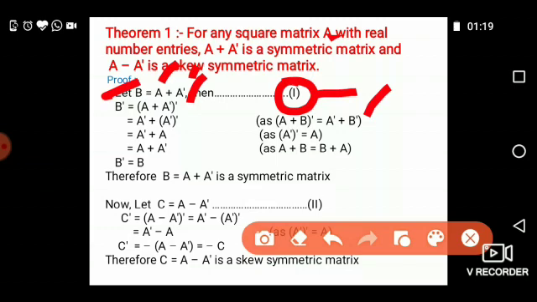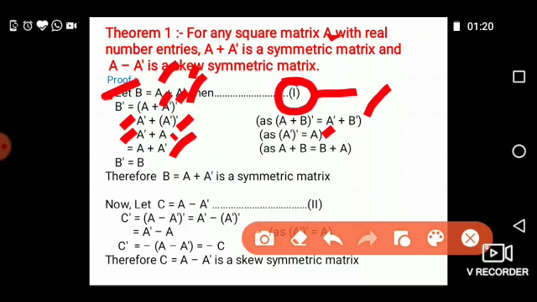By using these properties, we can write A dash plus A dash of dash, that gives A dash plus A dash dash. As we know that A dash of dash is always equal to A, this is equal to A dash plus A, or A plus A dash.